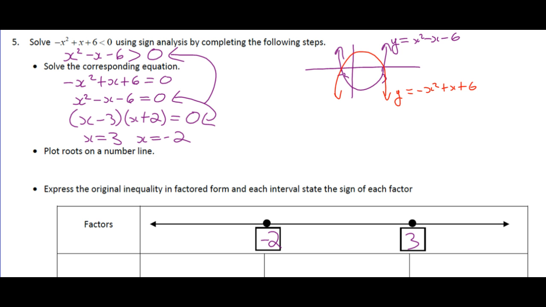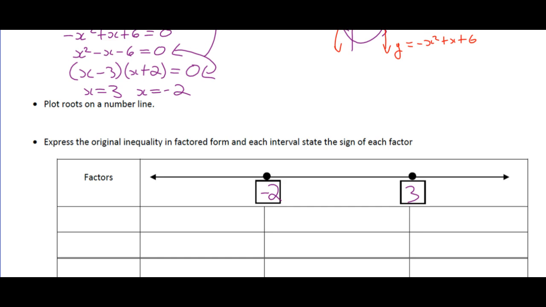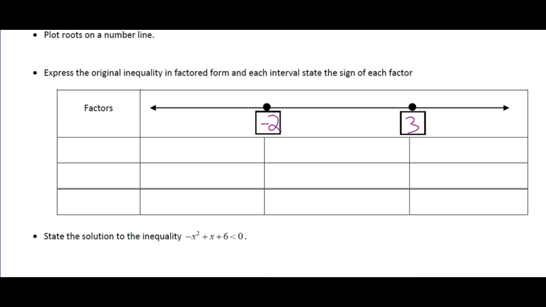So I have changed it to this. You're allowed to. As long as you do the same thing on both sides, stuff is cool. But if it's an inequality, when both sides are multiplied or divided by a negative, you have to flip the inequality sign. So what are my factors? x minus 3 and x plus 2. And down here, we've got the whole thing.